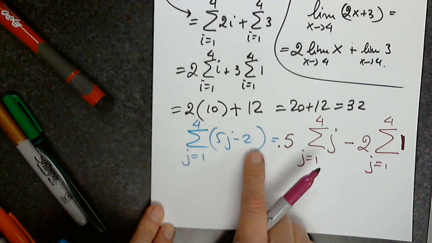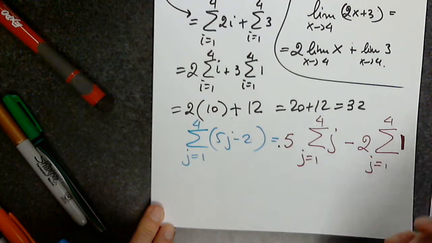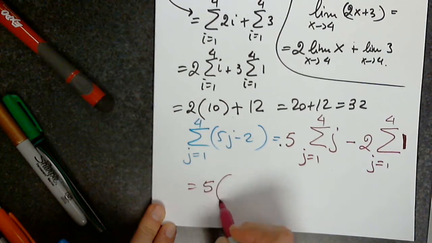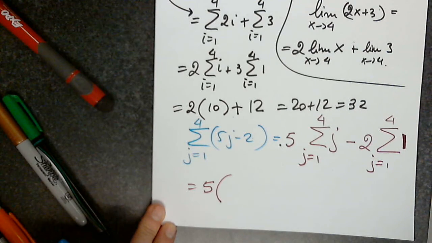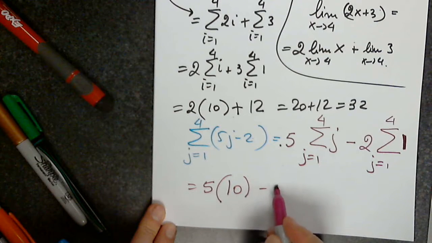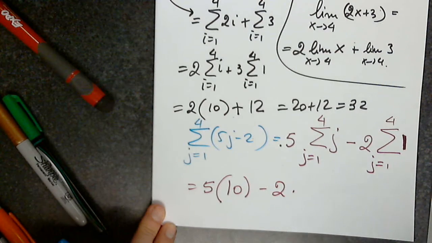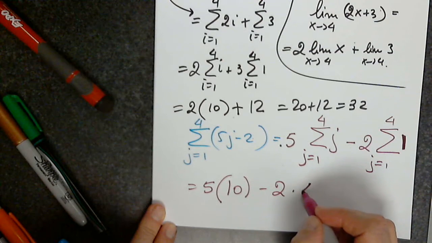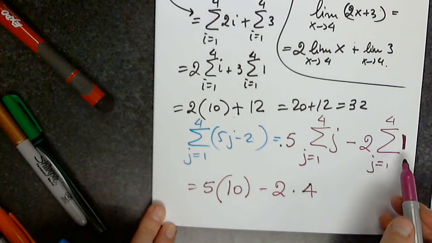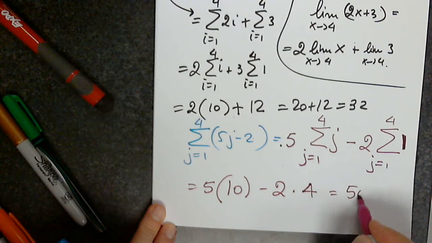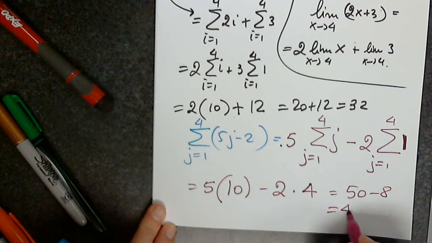There is no j, right, of 1. So the first one is 5 times 1 plus 2 plus 3 plus 4, which is 10, minus 2 times 1 plus 1 plus 1 plus 1, which is 4, right? I'm adding 1 four times. So this is 50 minus 8, which is 42.